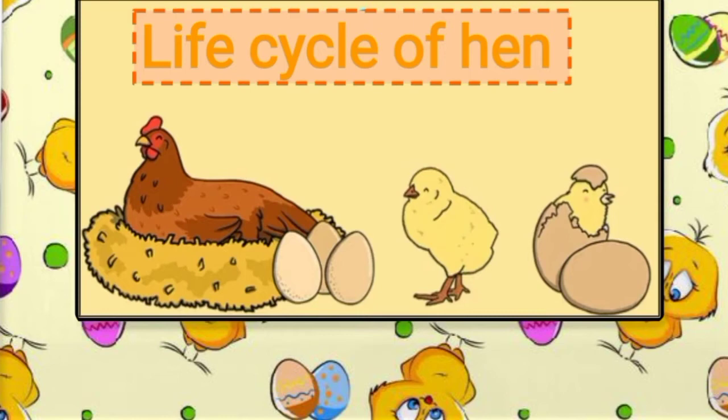Life cycle is a series of changes that happens to all living things. Every life cycle is the same for every generation. For instance, a fly's life cycle begins as a fertilized egg.